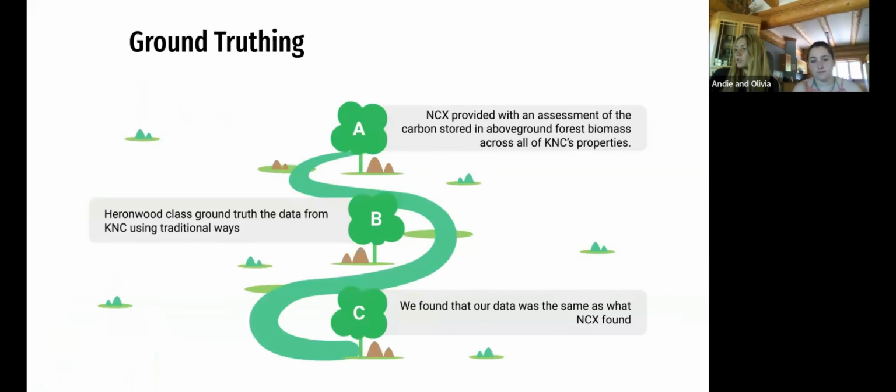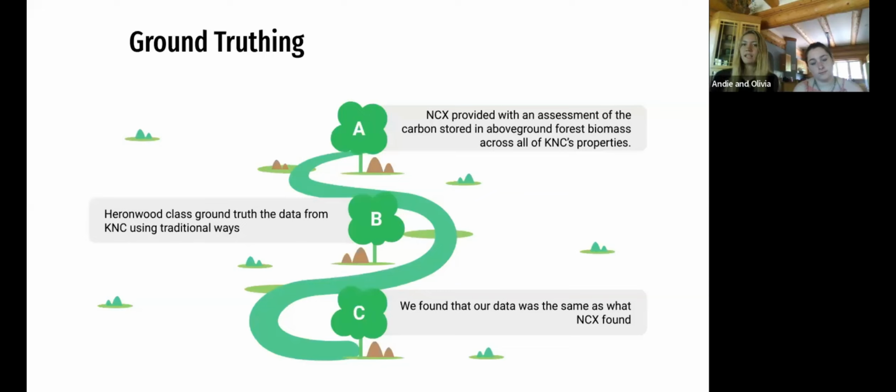So we ground truth our data. So NCX provided an assessment of all the carbon stored above ground forest biomass across all of KNC properties. The NCX model calculates carbon estimates using remote sensing from satellite imagery and baseline forest metrics from the USDA Forest Services Forest Inventory and Analysis Program.